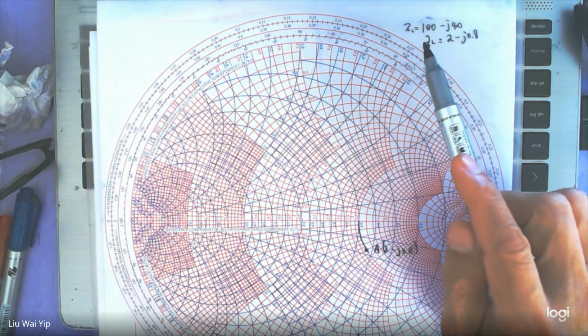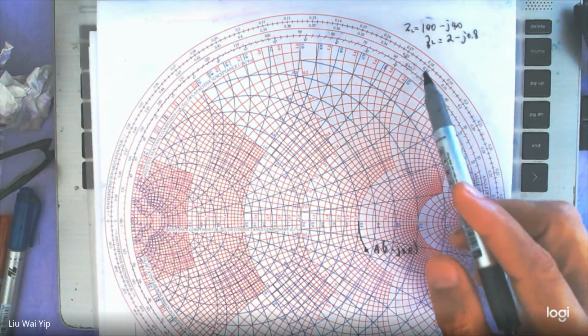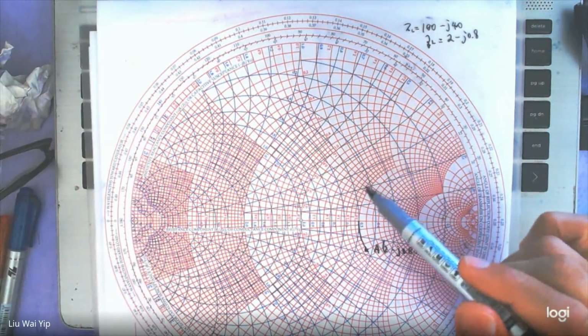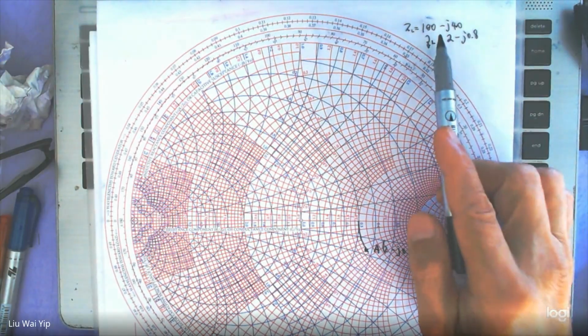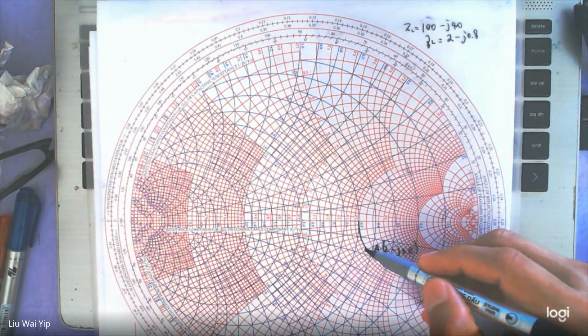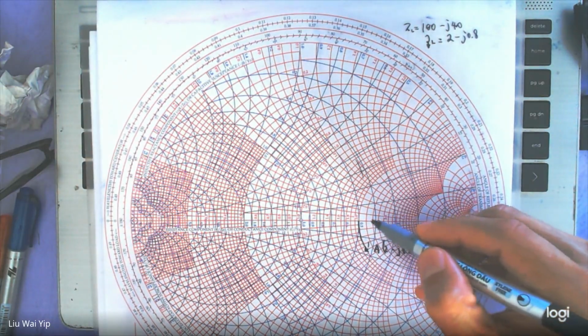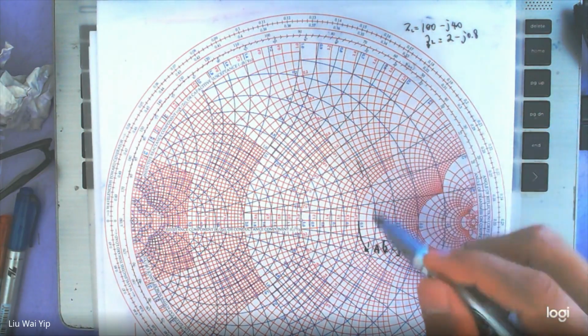So you have already learned that we need a parallel element. The first thing that you need to do is to find the parallel element to parallel with this. So we can either go this way. If you go this way, then you are going to use an inductor in parallel with the load.